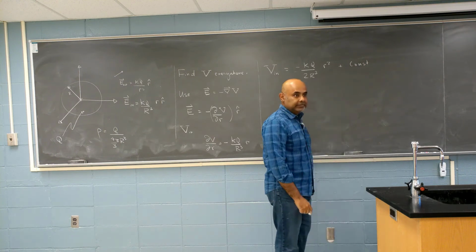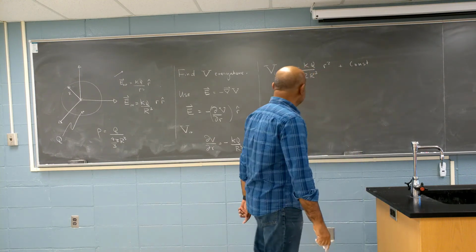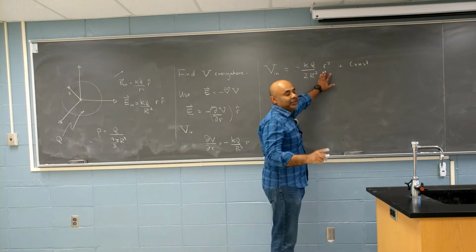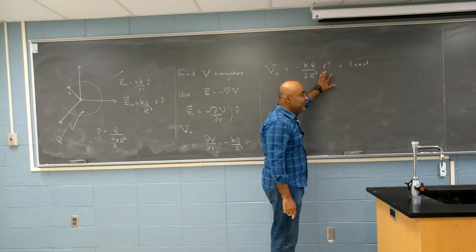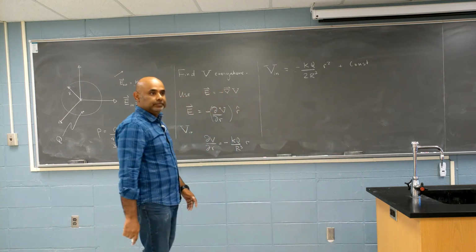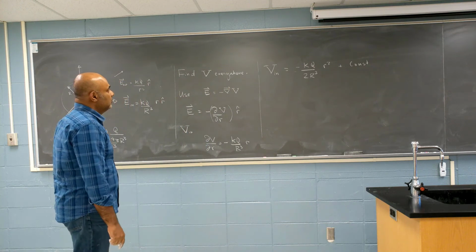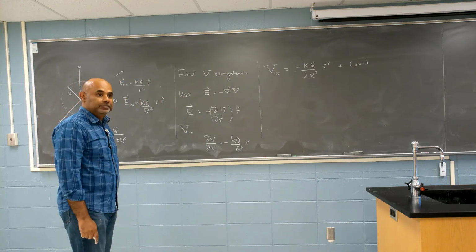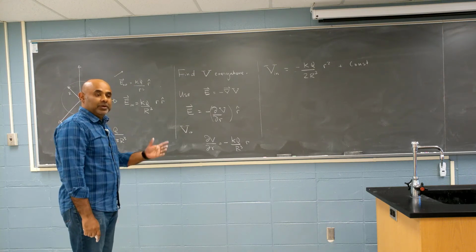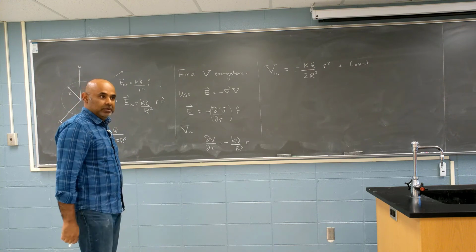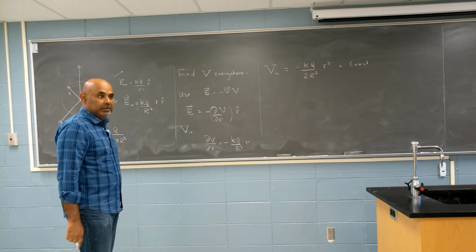You cannot let r go to infinity because it's inside the sphere to begin with. So what do you do? If you want to know the potential inside the Death Star, you have to know what's on the surface of the Death Star. Continuity of potential.